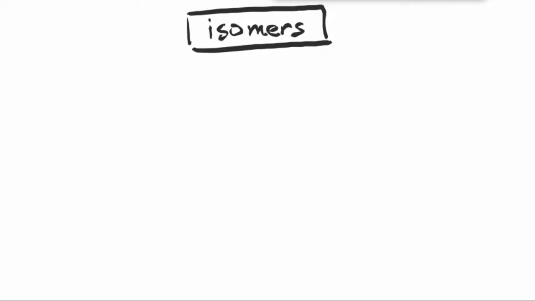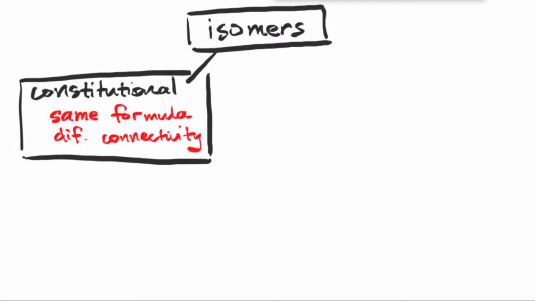Now, we've seen different types of isomers before. We've seen what's known as a constitutional isomer, and hopefully you would recall that constitutional isomers are compounds that share the same formula but are different in the way the atoms are connected to one another. For example, we know that this ether and this alcohol are constitutional isomers of each other because they have the same chemical formula.